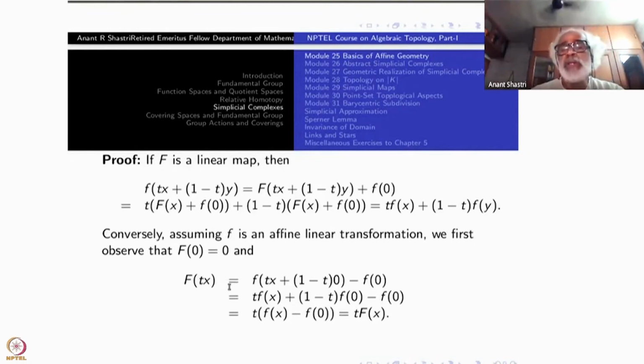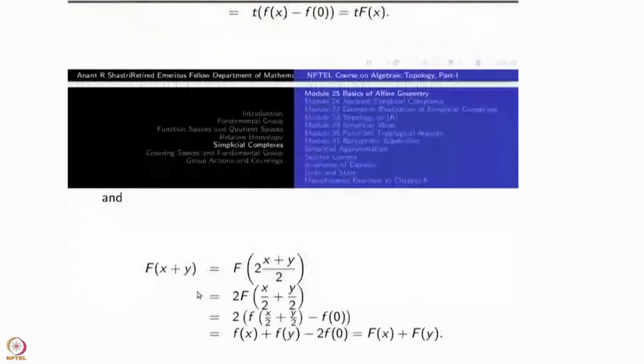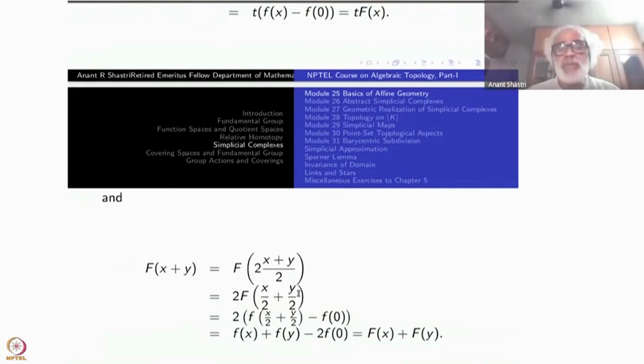Finally, you have to see the addition, F of x plus y equal to Fx plus Fy. Okay. F of x plus y, you can write it as F of twice (x plus y by 2), right? When you write like that, this 2 comes out: F of x by 2 plus y by 2. But now this is an affine transformation, affine combination. 1 by 2 plus 1 by 2 is equal to 1, right?